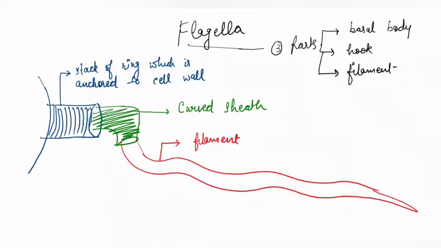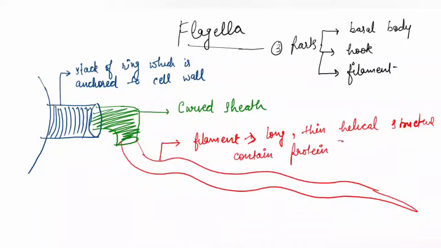That's why the name flagella came from. It is a long helical tubular structure. So basically it's this filament that helps in the movement of the cell in the environment, just like a tadpole moves in the water.